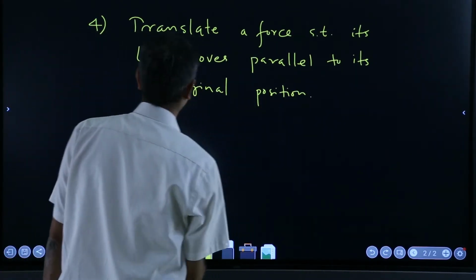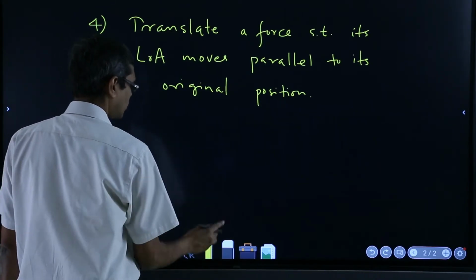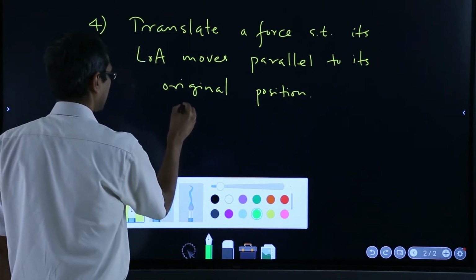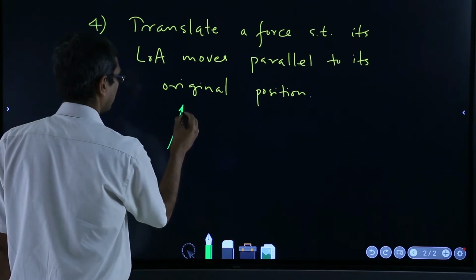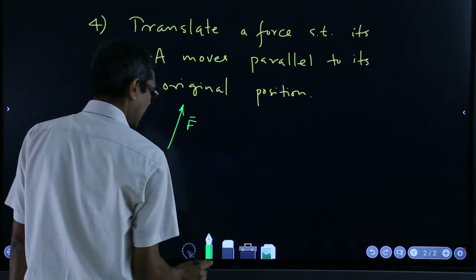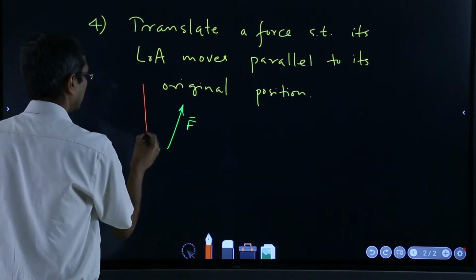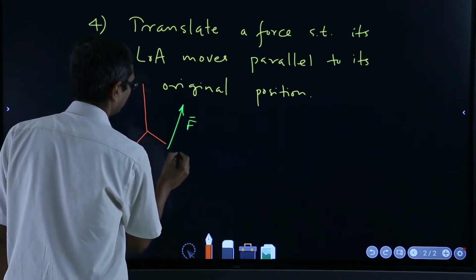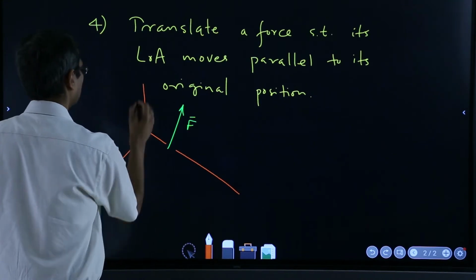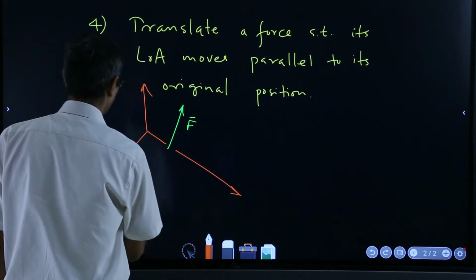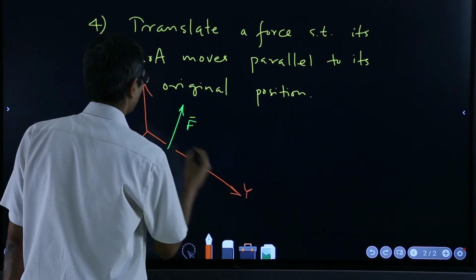What exactly does it mean? Suppose you have a force something like that, F, and let me also draw a set of axes, x, y and z.